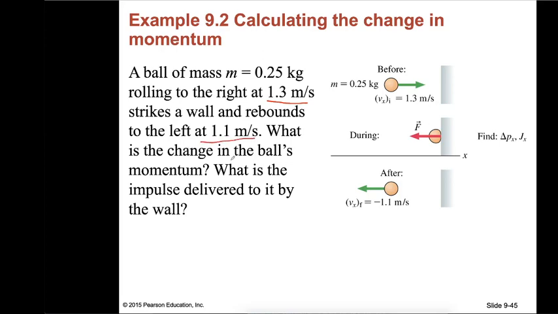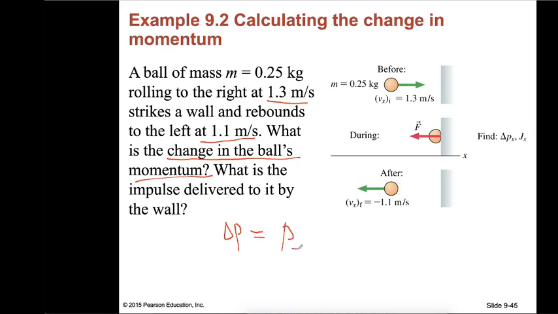What's the change in the ball's momentum? And what's the impulse delivered to the wall by the ball? Okay, so first let's calculate the change in the ball's momentum, delta P. So how do we calculate delta P?